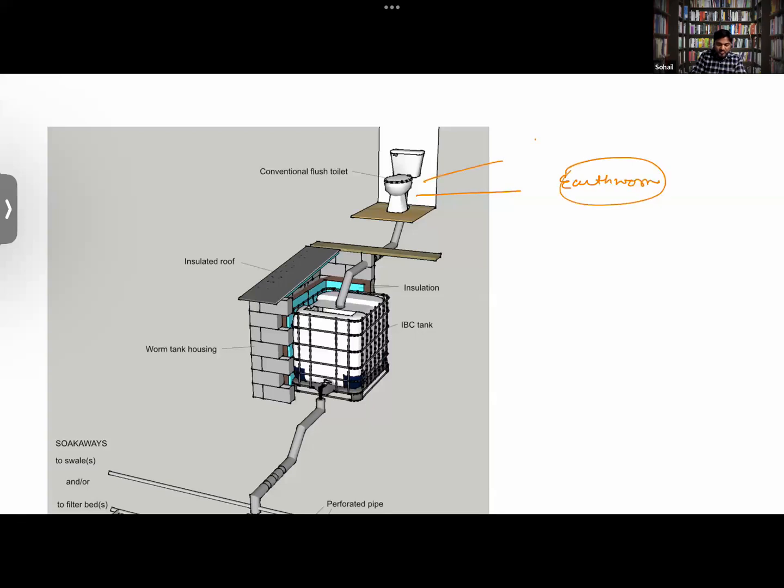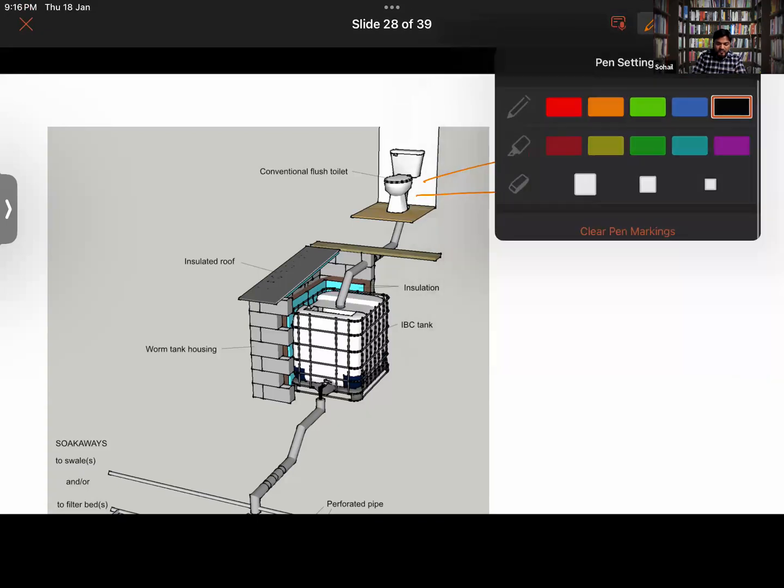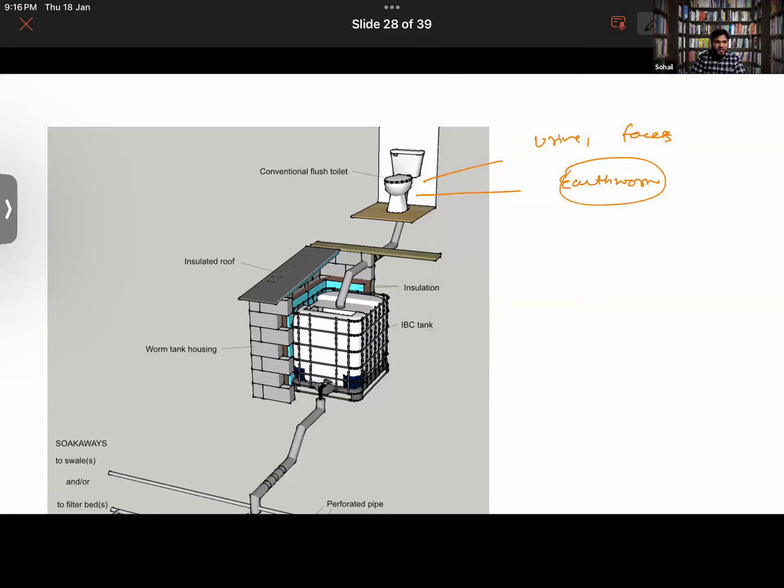So the waste that is going in is urine and feces, right? And less water is required here in order to operate the toilet. So basically, urine is adding moisture into the feces. Okay, so earthworms will be feeding on it, and all of this is happening here in aerobic conditions.